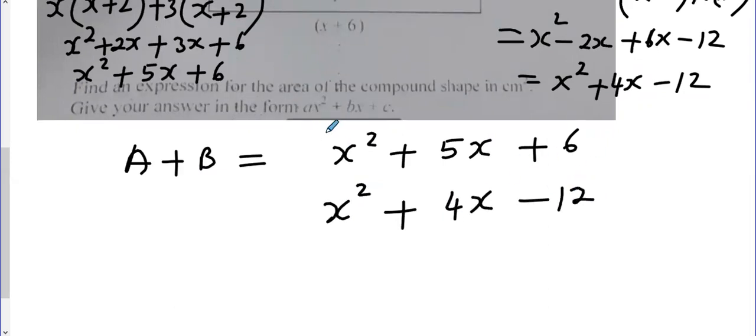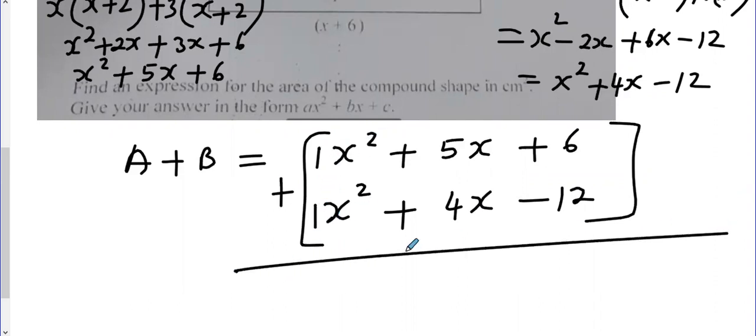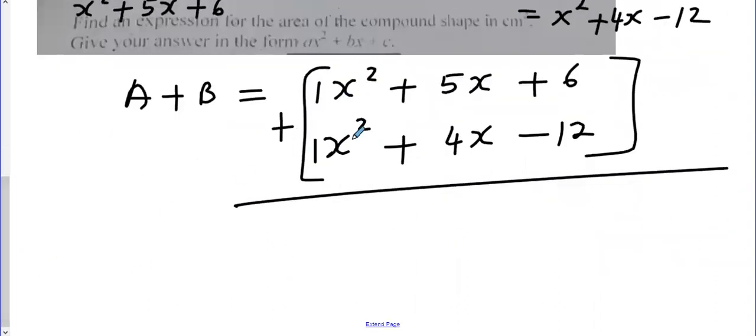Now let me add all this, but we'll be looking for like terms. 1x squared plus 1x squared will be 2x squared. And 5x plus 4x will be 9x. And then 6 plus negative 12 will be minus 6.